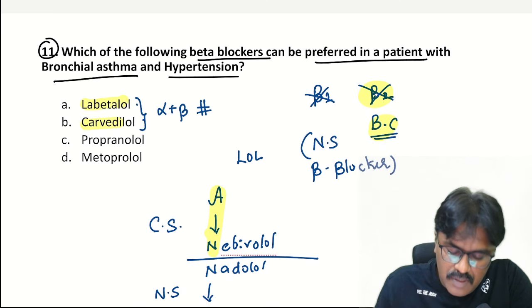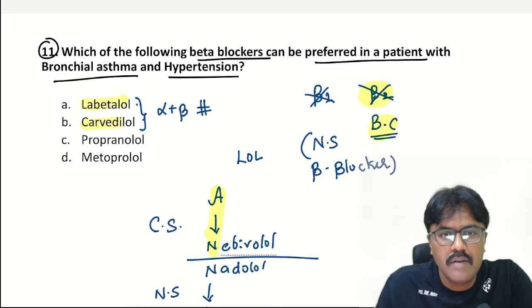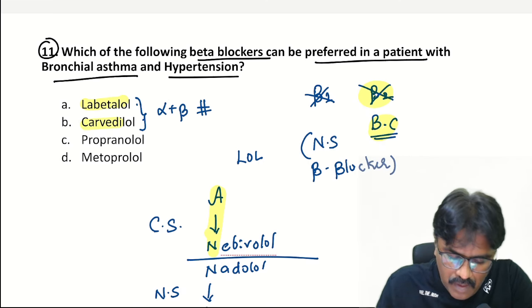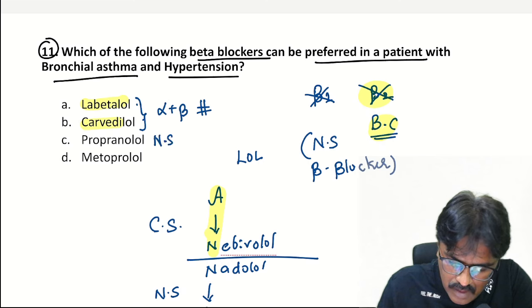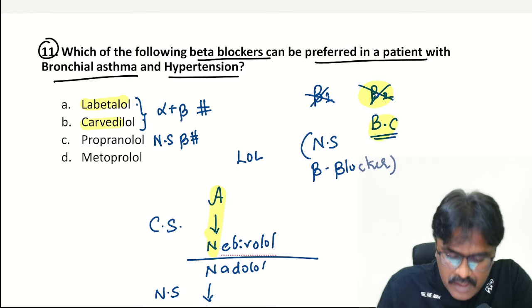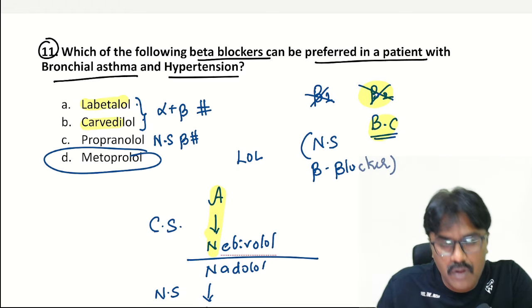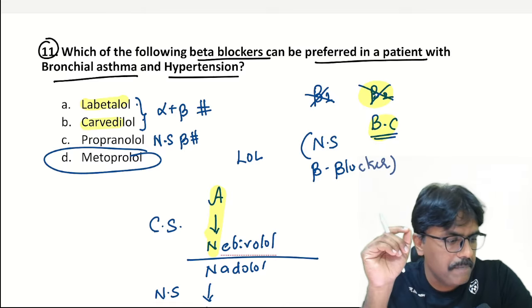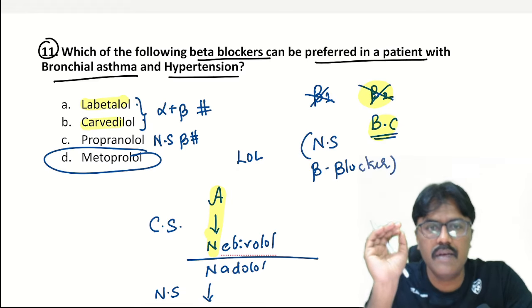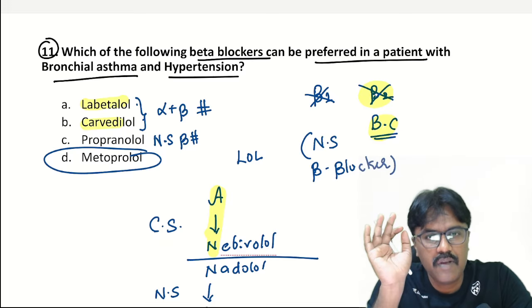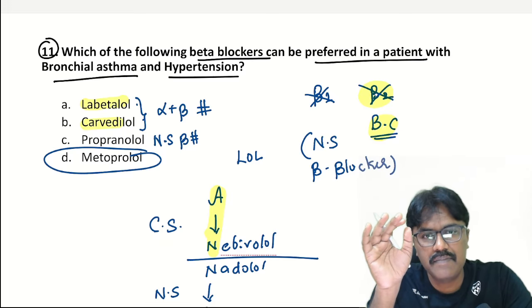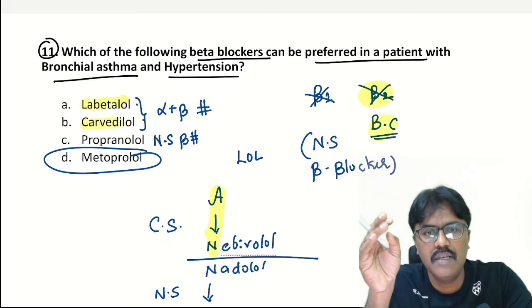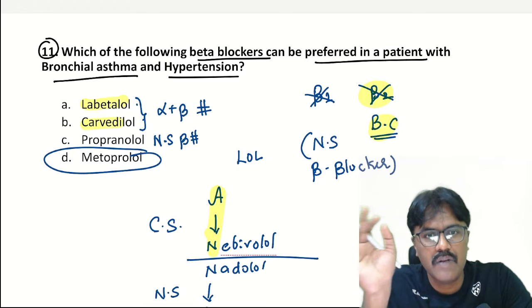Propranolol comes under N, O, P, Q. So propranolol is a non-selective beta blocker. That also cannot be given in asthma. So what we can do is metoprolol, because it comes between the alphabet A to N. Let me tell you again how to identify the cardioselective beta blockers: A to N alphabet. So A, B, C, D, E, F, G, H, M, N. So metoprolol is cardioselective.